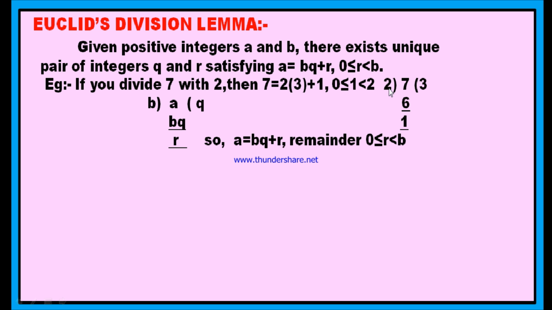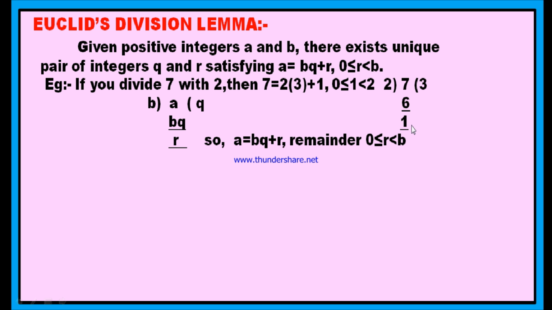This is division rule. Dividend is equal to divisor into quotient plus remainder. Therefore, you can write 7 as 2 into 3 plus 1. The remainder should always be either 0 or less than the divisor. Here, if we divide this number with 2, the remainder should not be 2.